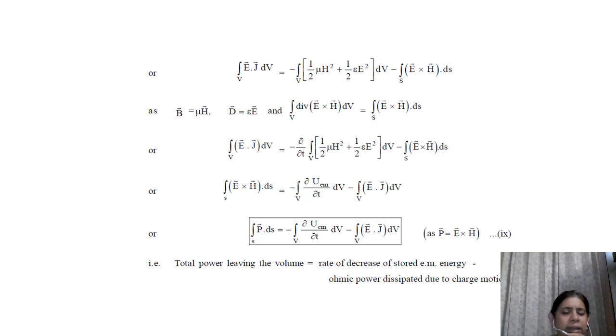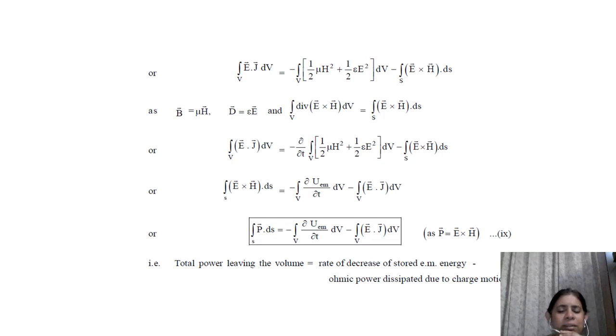So here I'll get E dot J dV is equal to minus del by del t of this term, and the second term is E cross H ds. Okay. So now again I'll take E cross H to the left and other terms to the right.